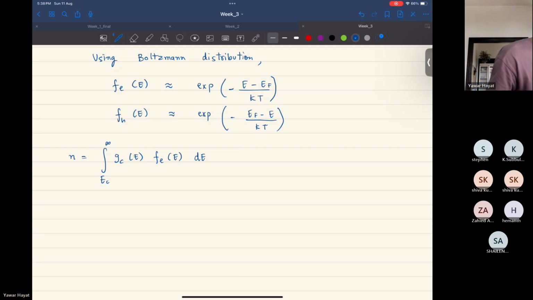And that is equal to integral EC to infinity A times E minus EC exponential of minus E minus EF by KT dE.